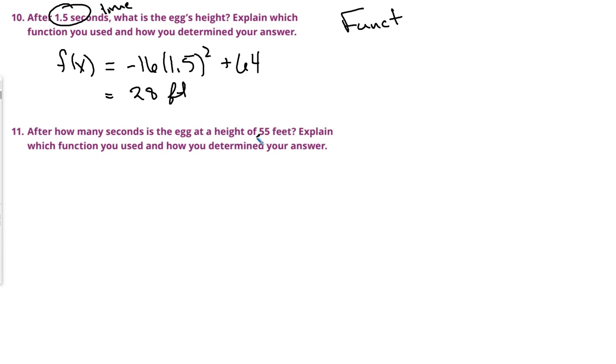But if we were wanting to plug in feet and get time, then we need to use the inverse.